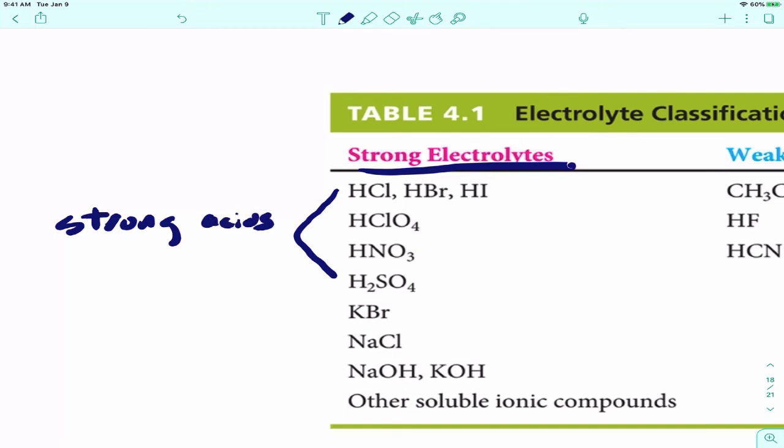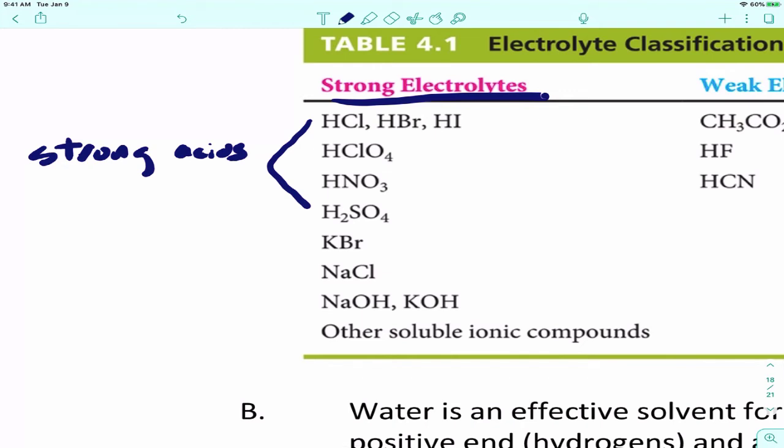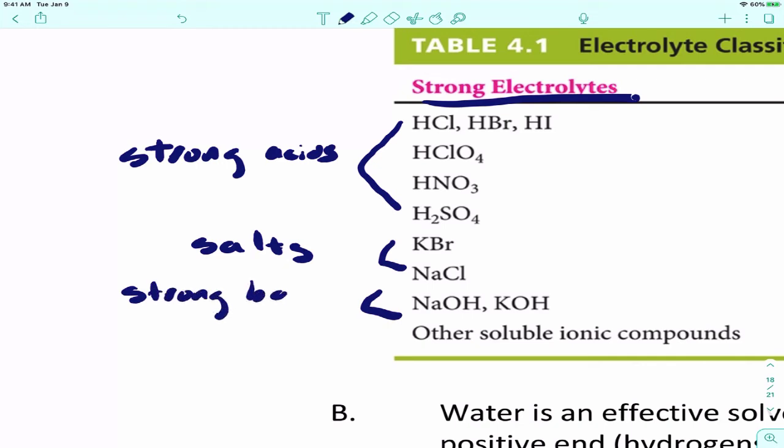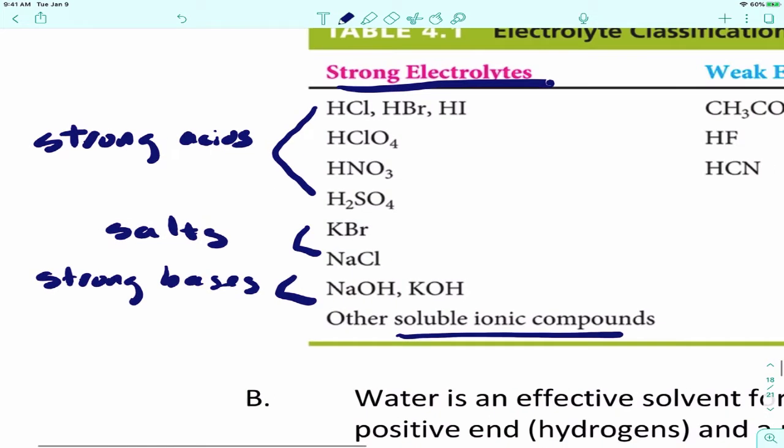Okay. KBr, NaCl, these are all salts. Okay. NaOH, KOH, these are all strong bases. Plus other soluble ionic compounds.